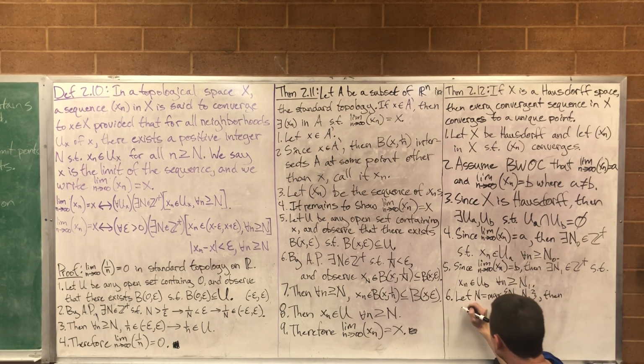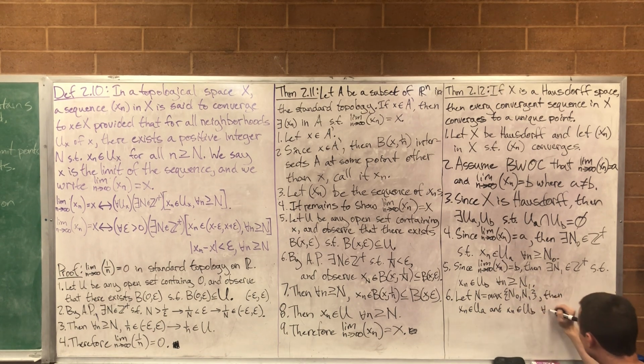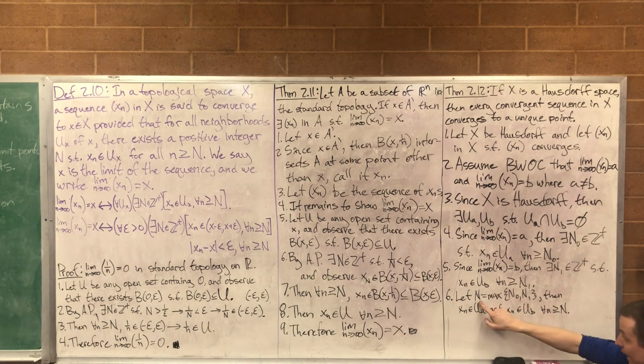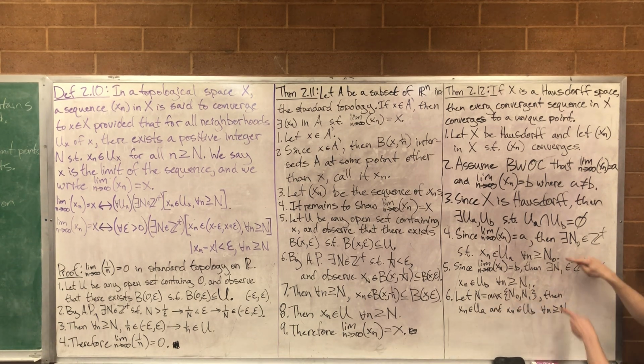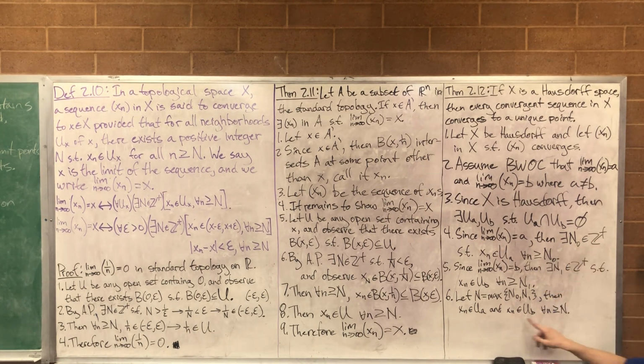Then x sub n is in U sub A and x sub n is in U sub b for all n greater than or equal to big N. If this is true from n0 onwards, and this is true from n1 onwards, and N is the biggest of those two, then both these are true from N onwards. Right. Okay. Make sense? So, both those are true for all n greater than or equal to N.